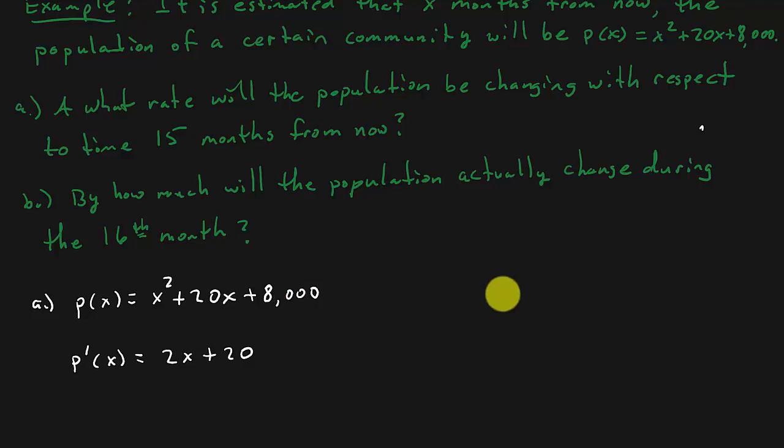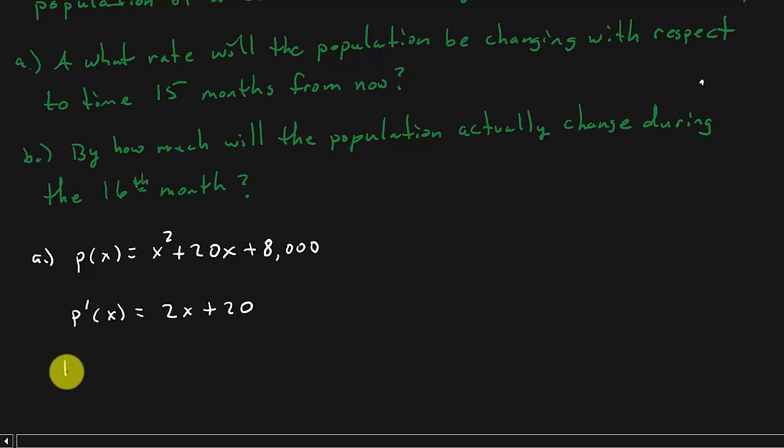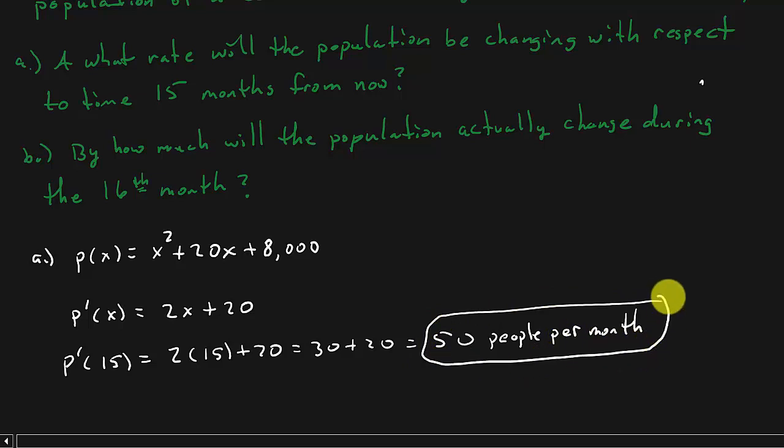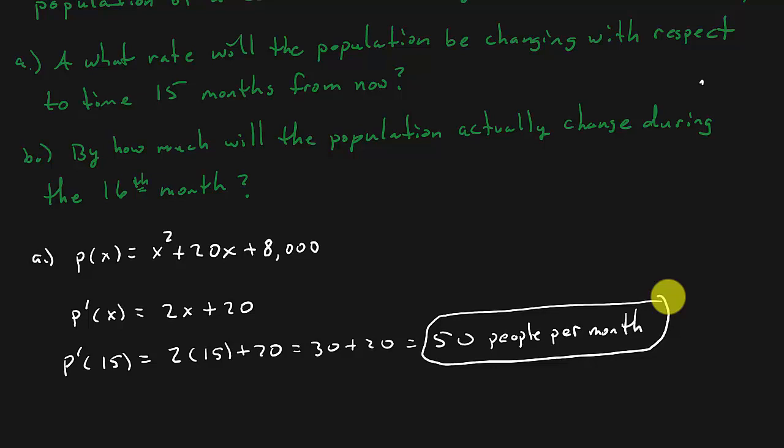So now, if we do P prime of 15, that is equal to 2 times 15 plus 20, which is 30 plus 20, which equals 50 people per month. That's the rate of change after 15 months. Okay? All right, so that's not too bad.